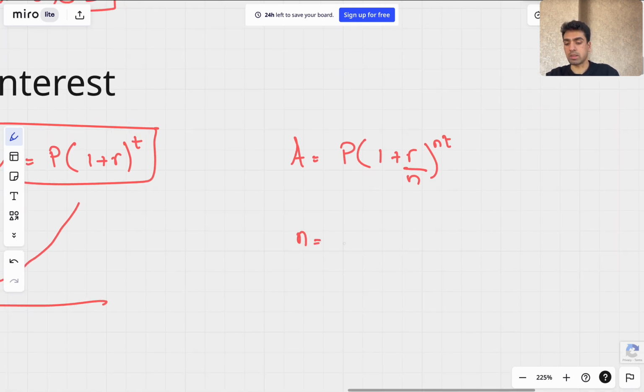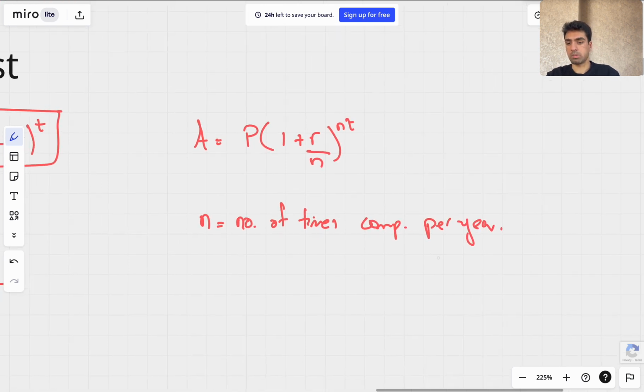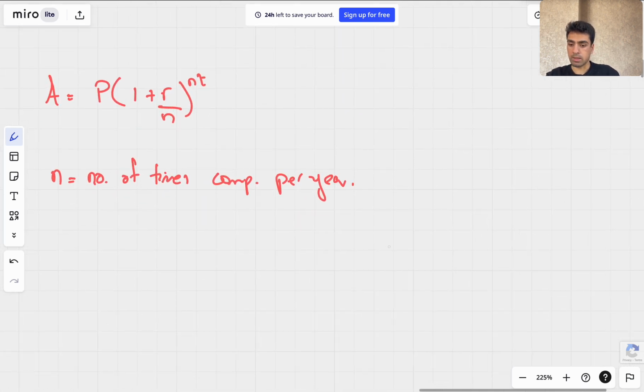N tells you basically the number of times it is compounded per year. So for example, let's say I invest $1,000. The rate, let's say, is 5%, and it doesn't compound annually.